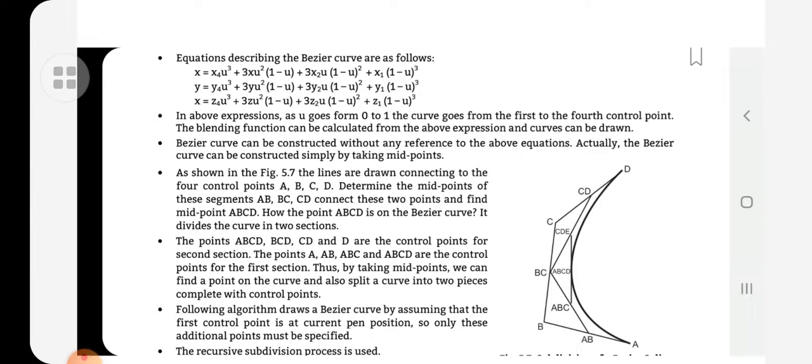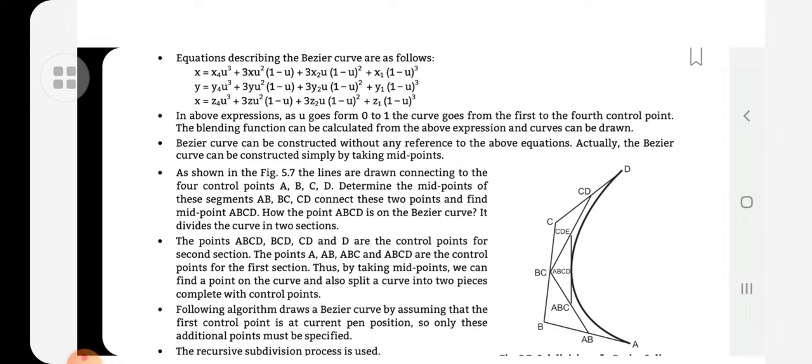As in the above expressions, as u goes from 0 to 1, the curve goes from the first to the fourth control point. The Bezier curve can be constructed without any reference to the above equations. Actually, Bezier curves can be constructed simply by taking midpoints. Every pair of points gives a midpoint, and these midpoints are connected to each other.